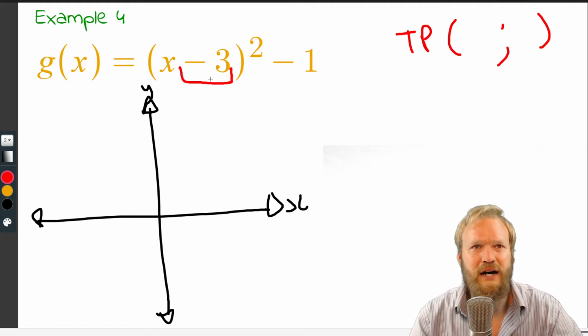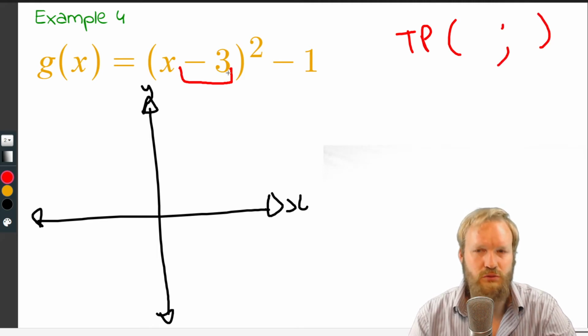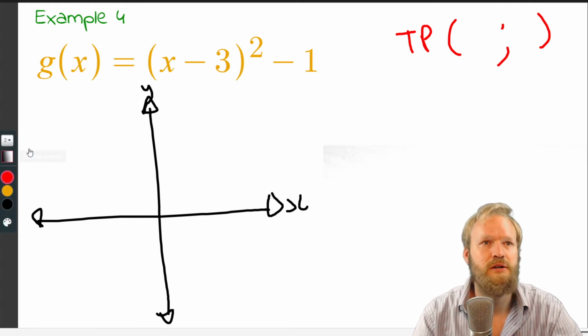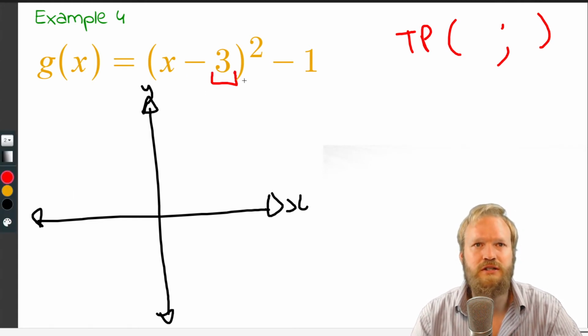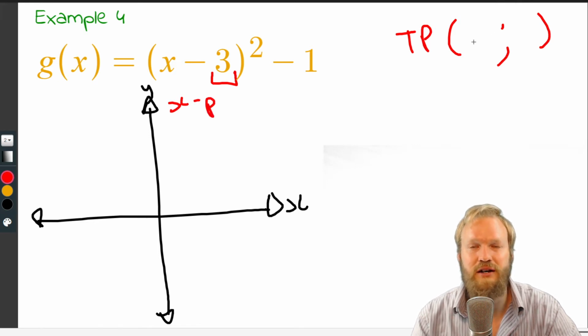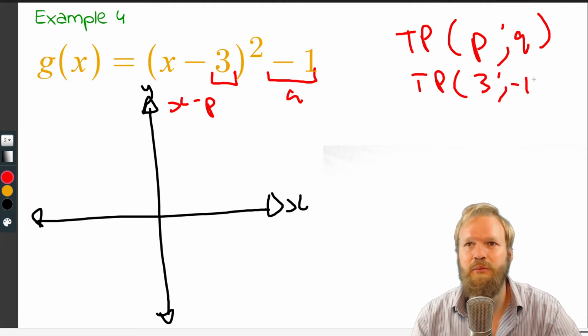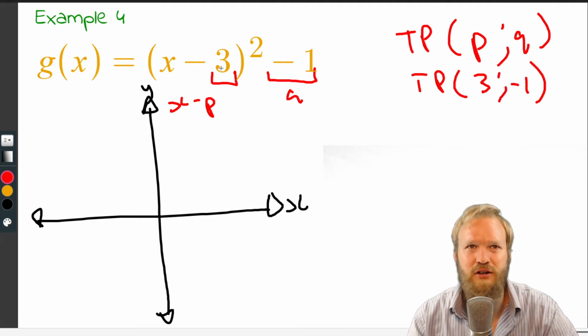So this, we're going x minus p, so this is p, our turning point. And this part here, plus q, is our other part of the turning point. So this turning point is 3, minus 1. So just be careful, it's not negative 3. We're subtracting 3, the x value here.